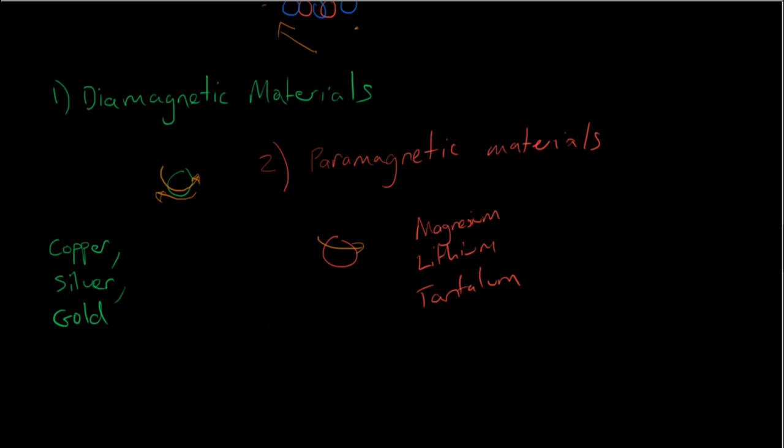And third are the ferromagnetic materials. Ferro comes from iron, because iron is a good one.